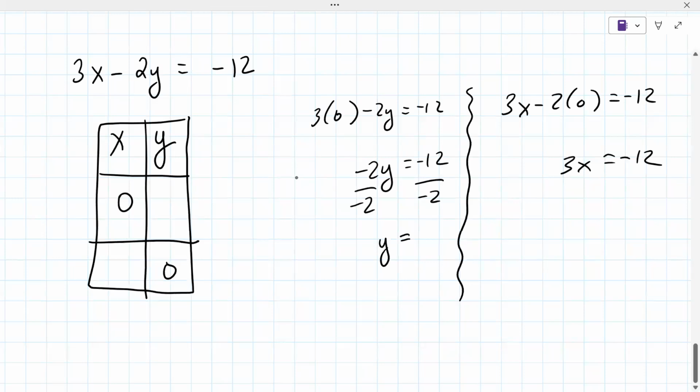So what does y become? Negative 12 divided by negative 2 is? Oh, sorry. Would it be negative? No, no, it would be positive. So wouldn't it be 4? 12 divided by 2, wait, 6. 6. Okay, good.